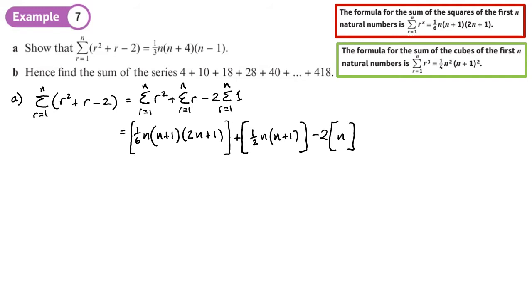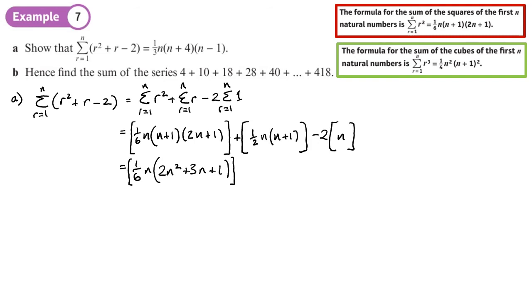Now I'm actually going to leave the 1/6 outside. I'm not going to multiply that because I think that will make things a little bit messy. So I'll keep the 1/6 n here, but I will multiply the double brackets I've got there. So that's going to be 2n squared plus 2n plus n plus 3n plus 1. Okay, so that's the first square bracket there.